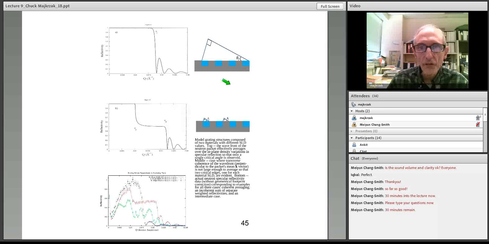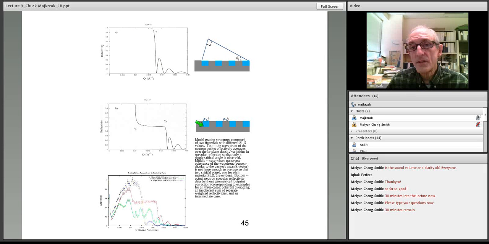So, for example, if the transverse component of the wavefront of the neutron is big enough to average over many stripes and troughs, we get a single critical angle because we're just seeing one single average scattering length density in the specular reflectivity curve, one critical angle.